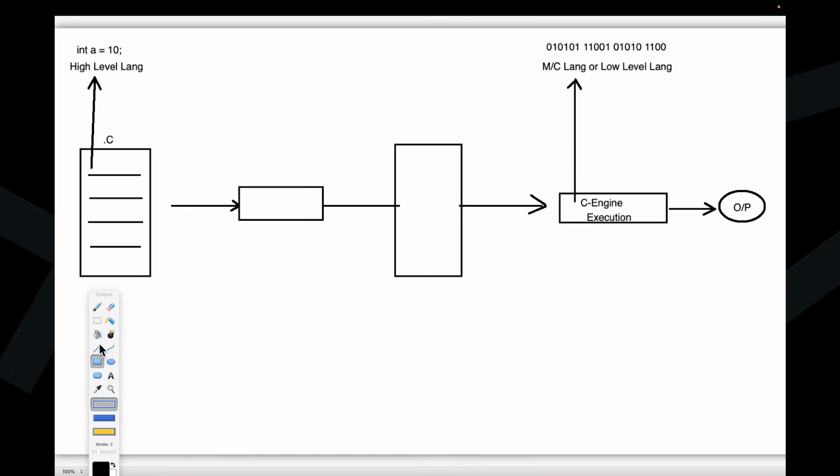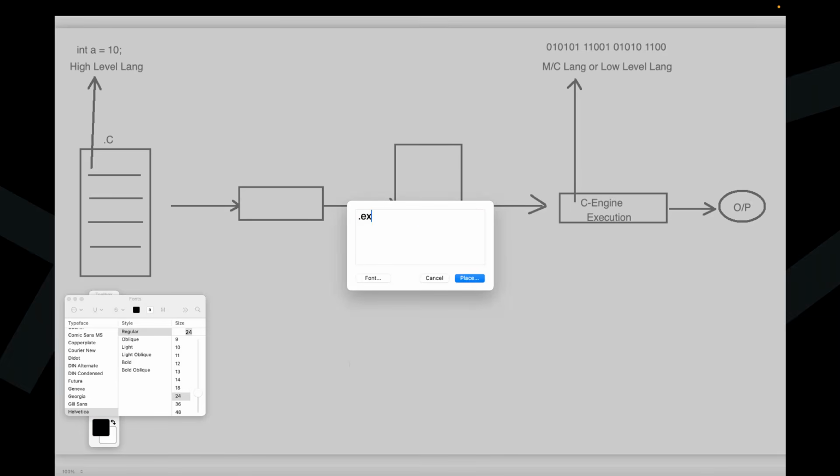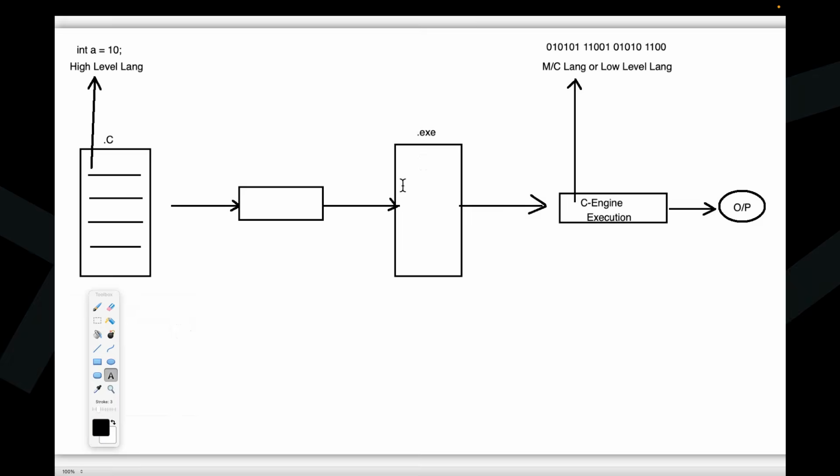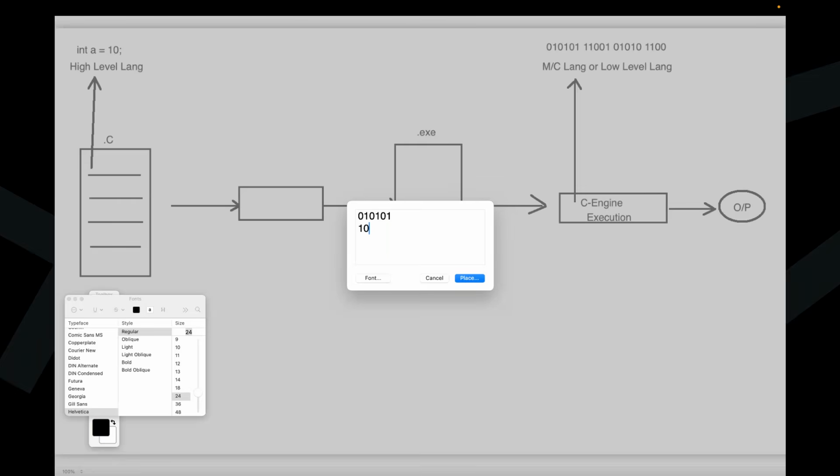Maybe the separate file is a directly executable file, so its extension should be .exe. Here we get an .exe file. Inside this .exe file we have directly executable code.